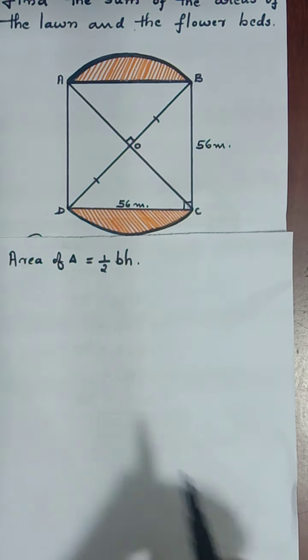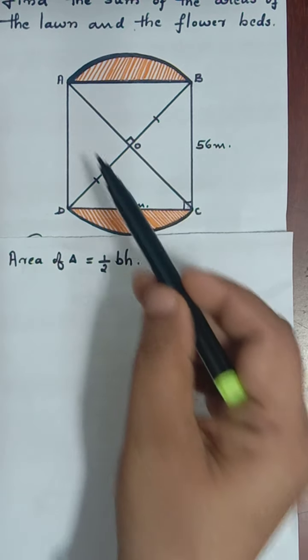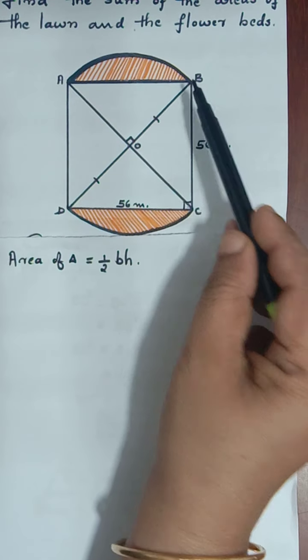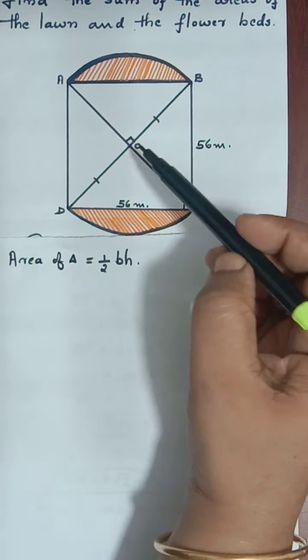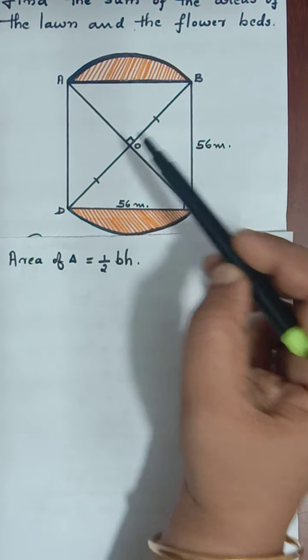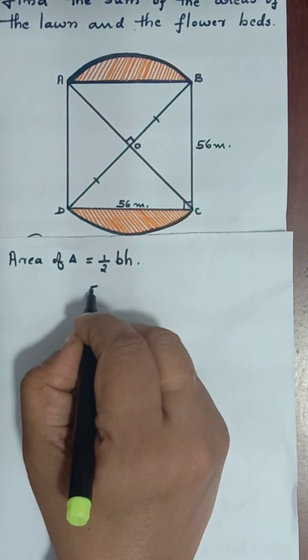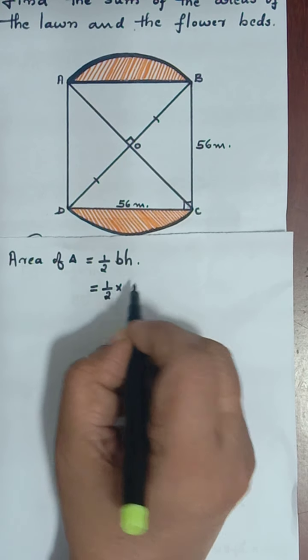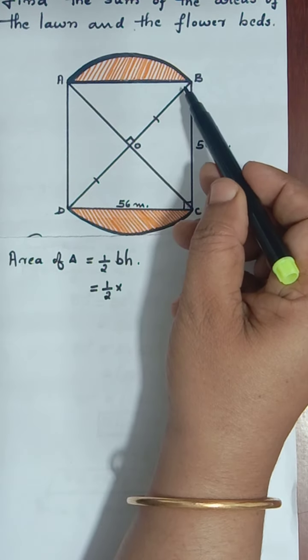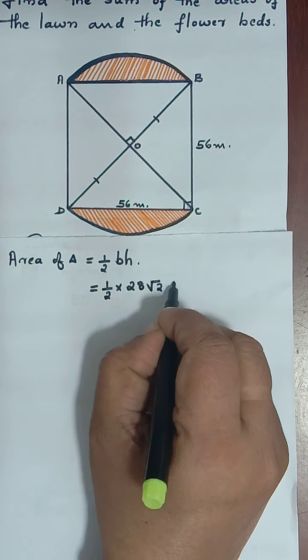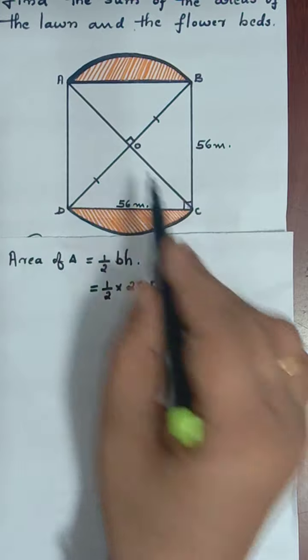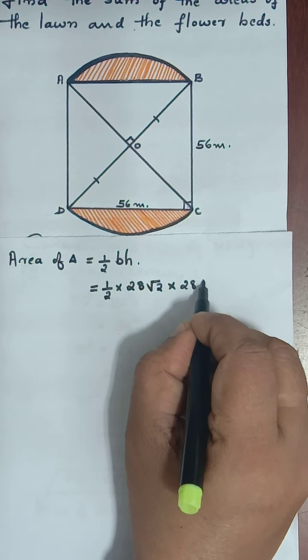Here we are going to find out the area of the triangle AOB. Therefore, what is the formula? Half BH we can take. OB and OA are perpendicular to each other. So half into base, that is the radius, which we got as 28 root 2. So height OA is also 28 root 2.